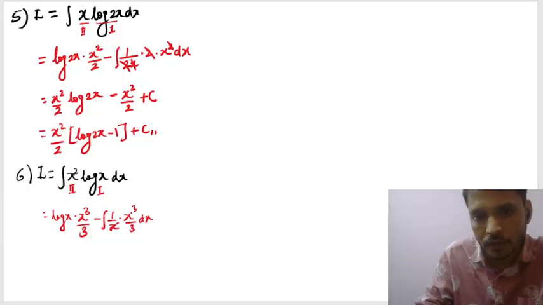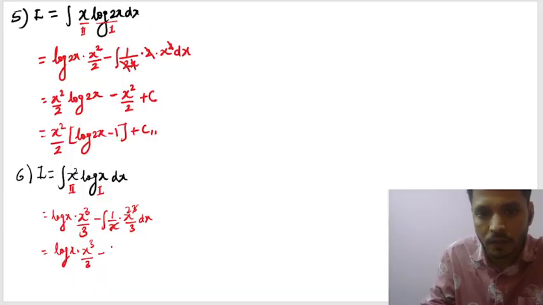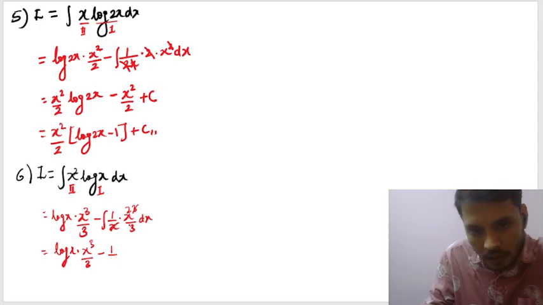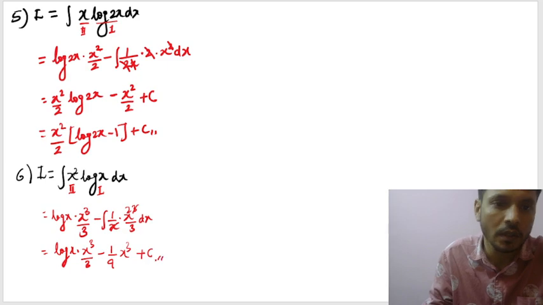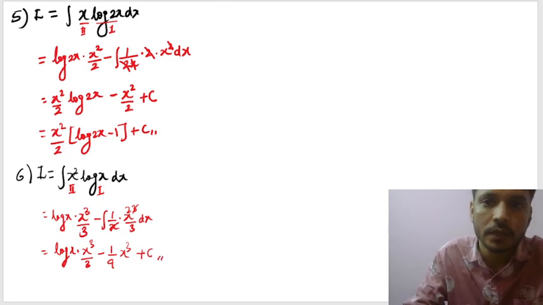So this x power will become 2 and 3 will come outside, means from here we have log x into x cube divided by 3 minus 1 by 3, and here again one more 3 will come, so 1 by 9 and x to the power 3 plus c. This is the answer of the question number 6.